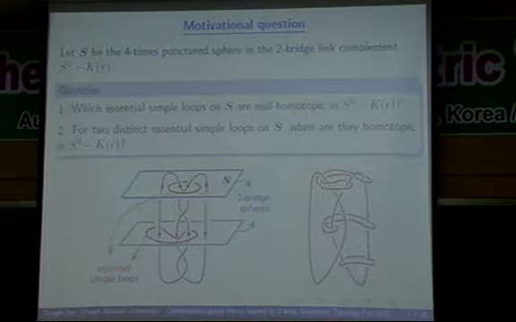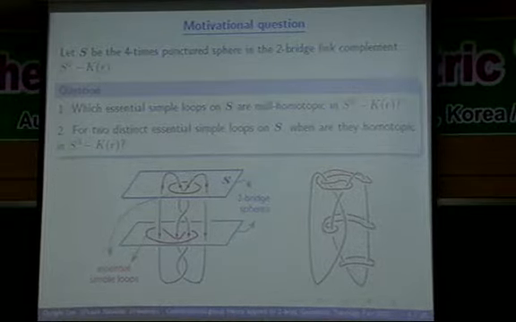And it's known that every two-bridge link has a unique two-bridge sphere up to isotopy. Then we consider essential simple loops on this two-bridge sphere. By an essential simple loop, we mean a simple loop which is not null-homotopic on this two-bridge sphere, and which is not homotopic to a loop around one puncture. So these can be examples of essential simple loops on two-bridge spheres.